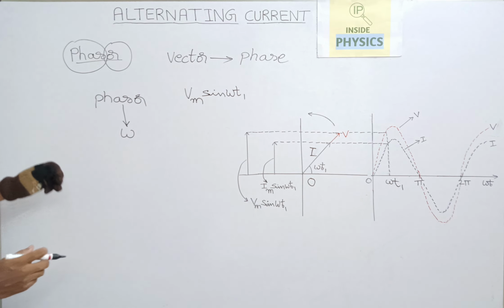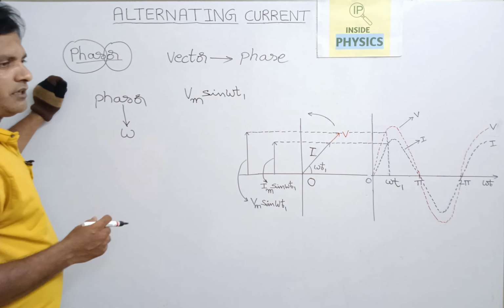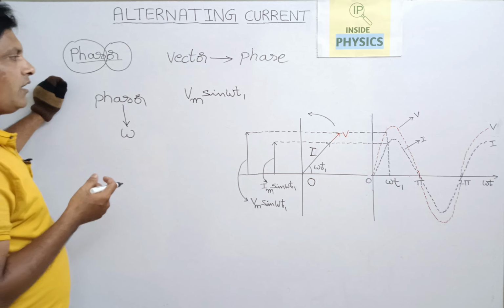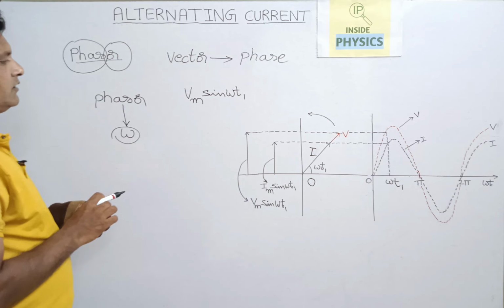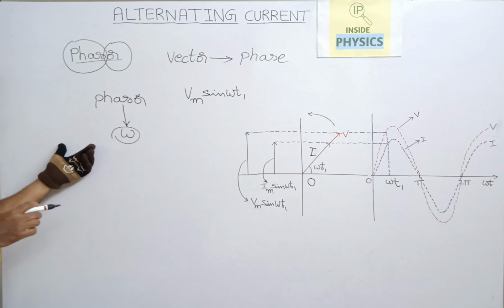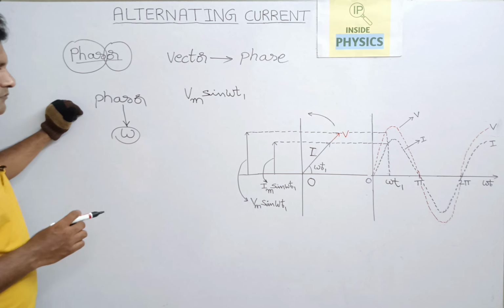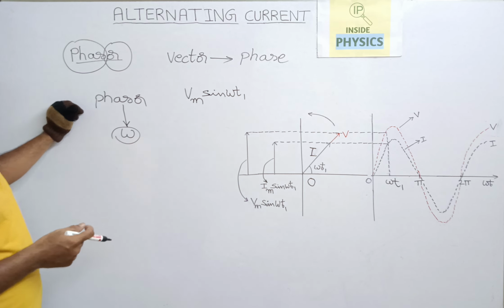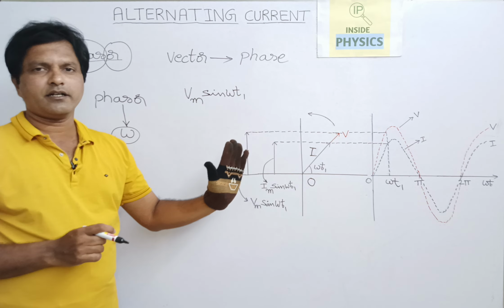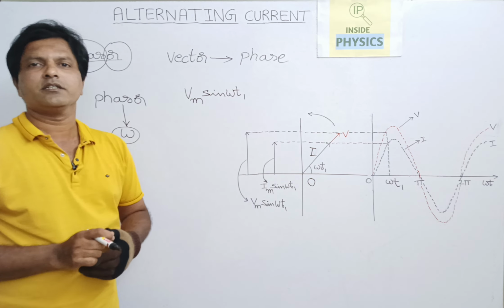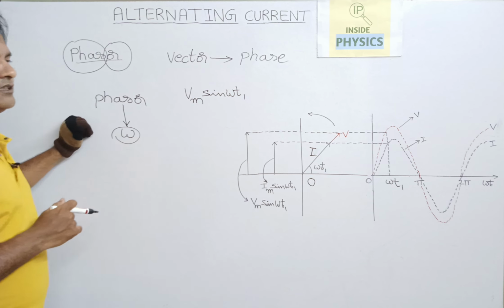So a phasor is a vector rotating about the origin with an angular frequency omega. This is how we understand phasors. This is a simple and interesting concept through which we can understand the current and voltage behavior in an AC circuit.